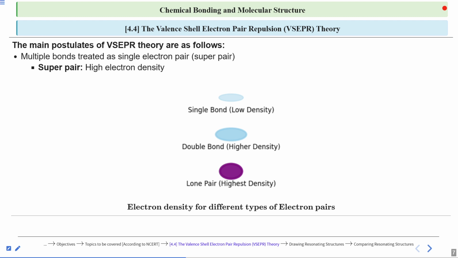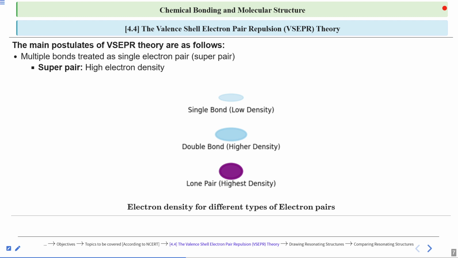If I want to illustrate the same with the help of a diagram, say we have three electron densities. The first is for the single bond, the second is for the double bond, and the last one is for the lone pair. Now what is the difference between these three? In the case of the single bond, the electron is shared between two atoms, right?